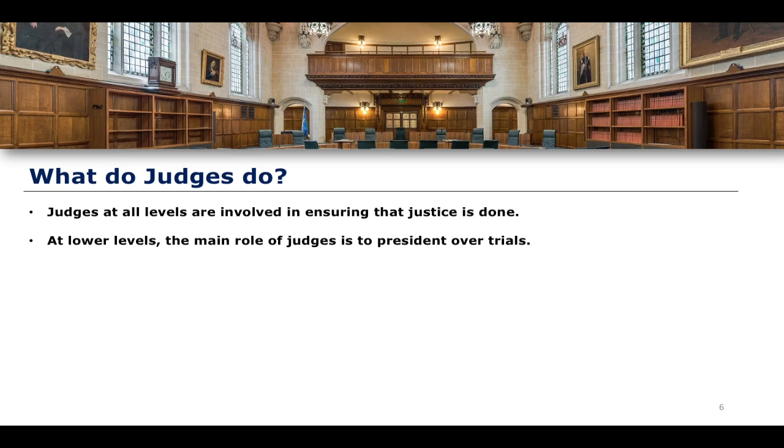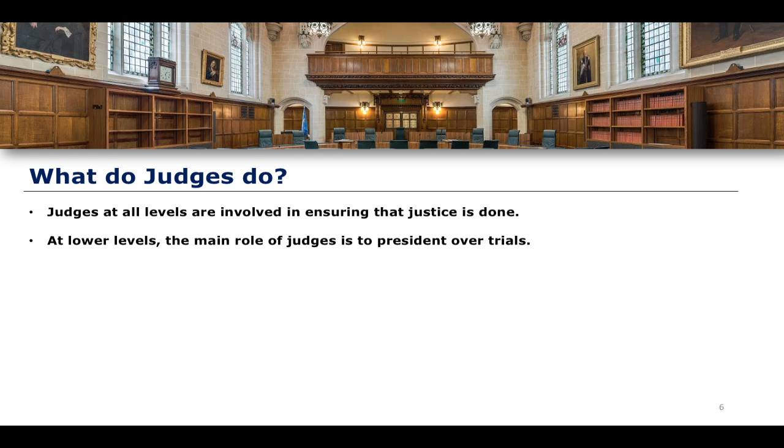Now, in criminal cases at trial level, the judge has a very specific responsibility. They have what is known as the legal burden over the trial. This is divided between the judge and the jury, who have the evidential burden.